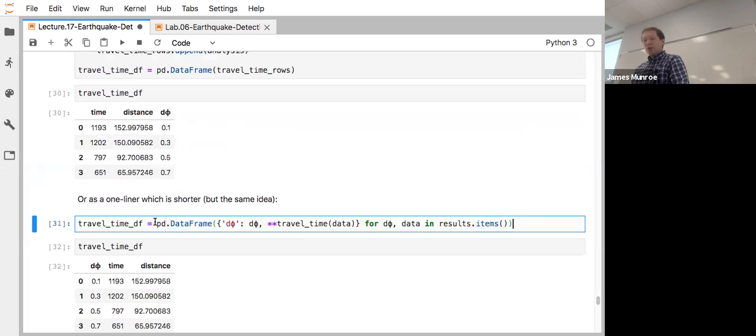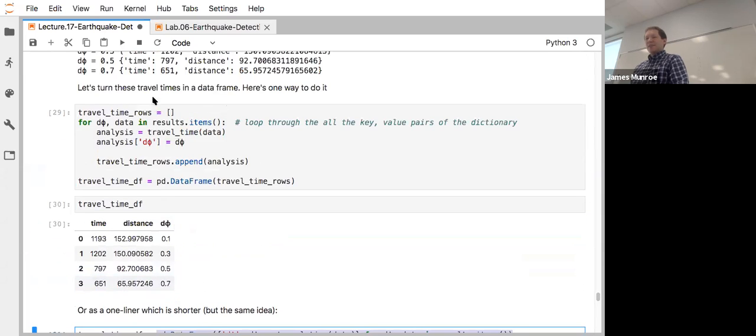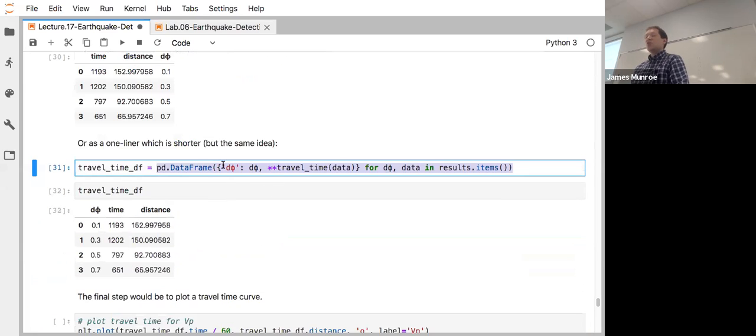This magic code is the same as this. Data frames actually accept iterators. This idea of a loop is an iterator. So you can use a dictionary iterator, or a list iterator, to give you back a set of dictionaries all the way through.